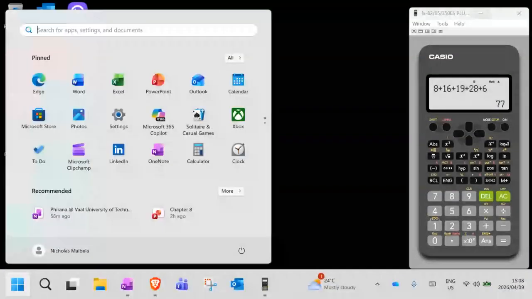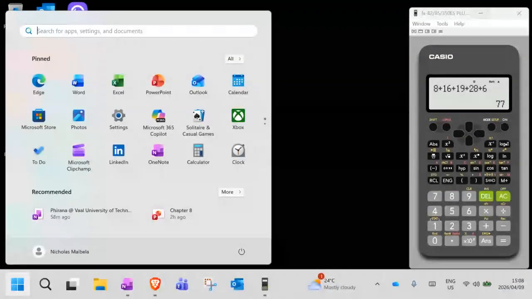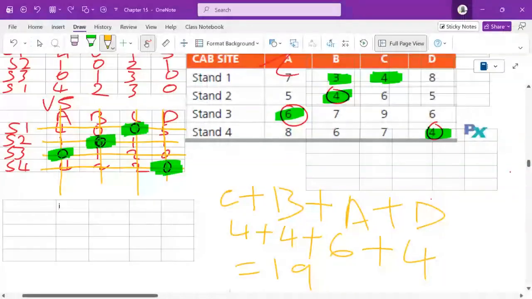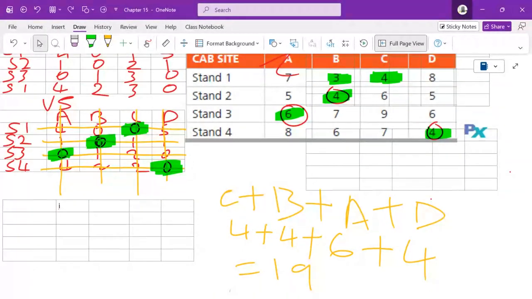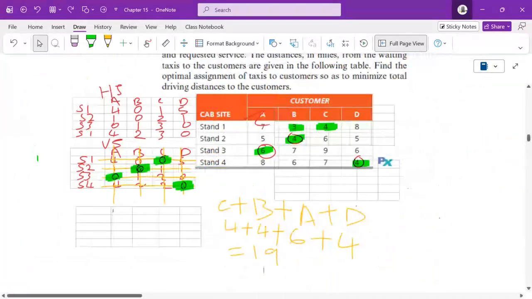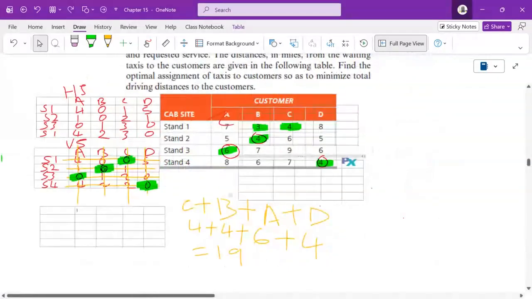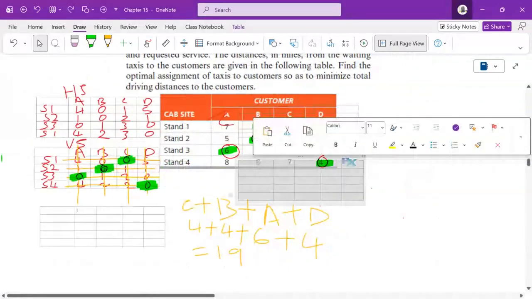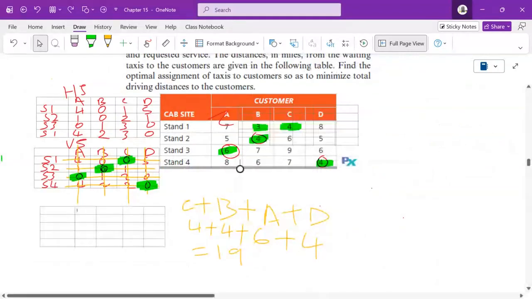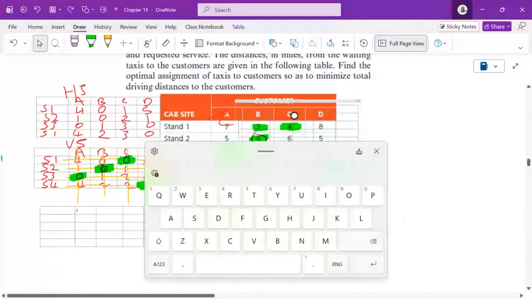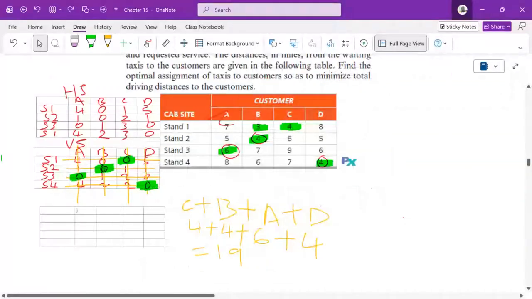Whoa. Let's go. Let's check it. Let's start.